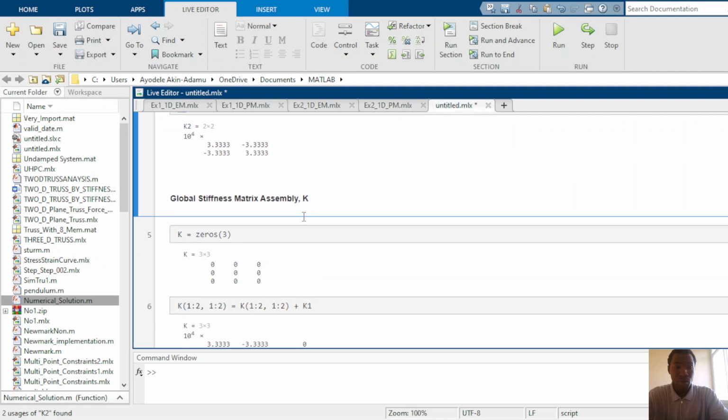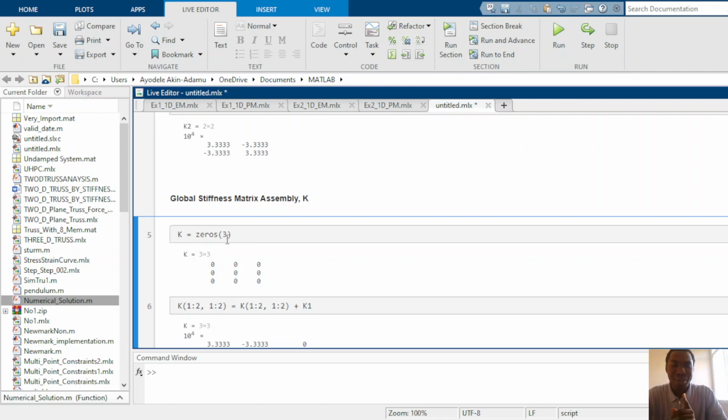What we need to do now is assemble these local stiffness matrices. As I usually do in all my lessons, we start by generating our zero matrix, because this problem has 3 degrees of freedom.